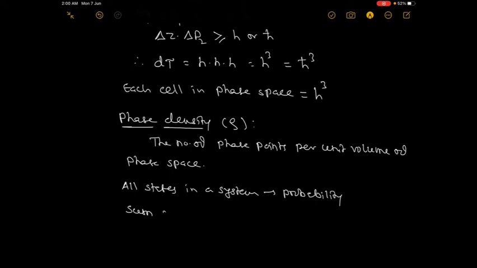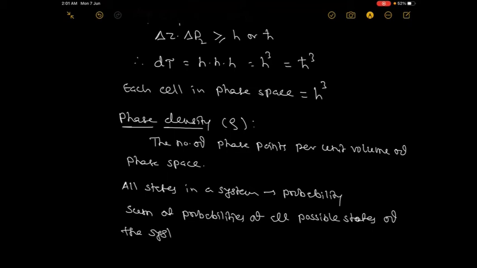The sum of probabilities of all possible states of the system is always unity.